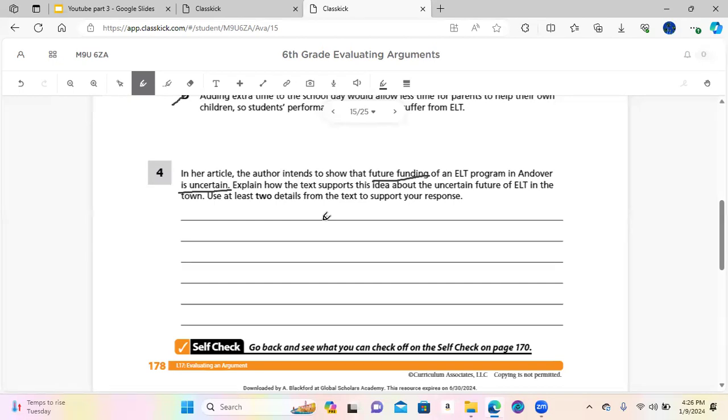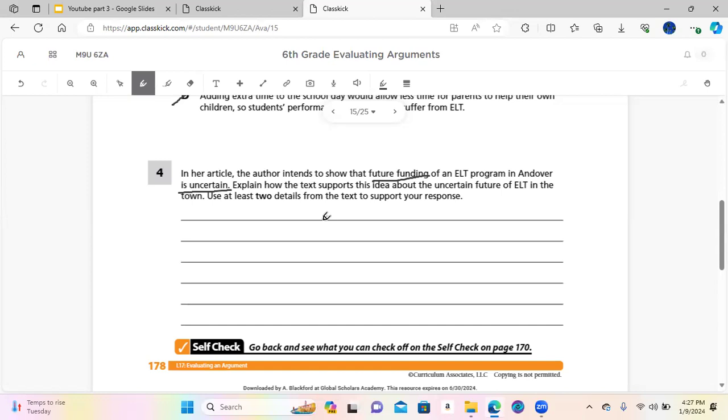In that section, she writes that ELT grants guarantee money for only 1 year. While supporters of the program note increasing state funds for ELT, that doesn't change the fact that the grants must be renewed each year. And in the cons section, that's in the opposing section that does not agree with ELT, the author quotes a parent as saying, there's no promise of long-term funding.